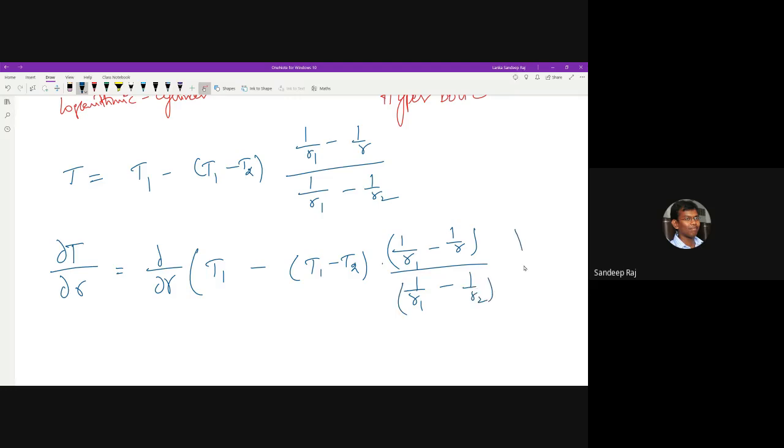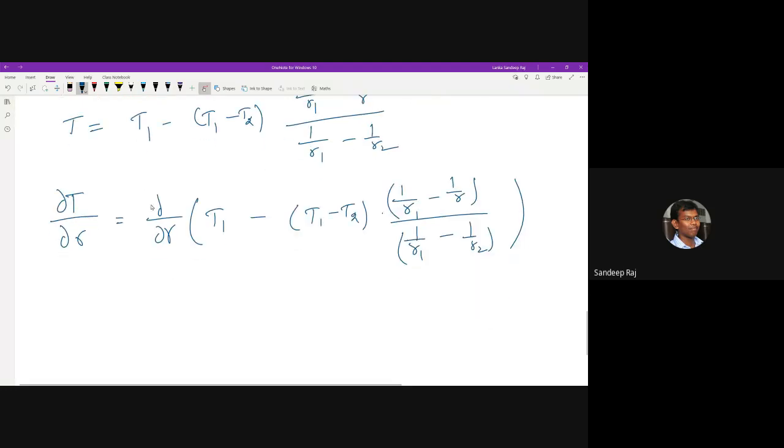Same expression I have written here. See, if I take the derivative of T1, it's a constant value, so that will be 0.